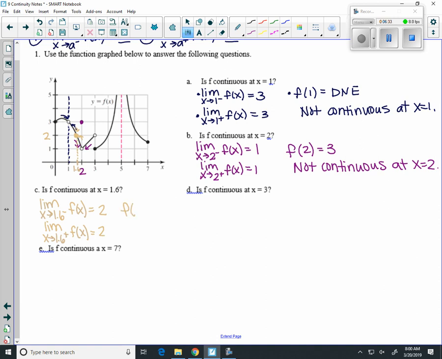And f of 1.6, there are no holes there that are being filled in somewhere else. It is 2. And since the left hand, the right hand, and the actual output all match, this function is continuous at x equals 1.6.